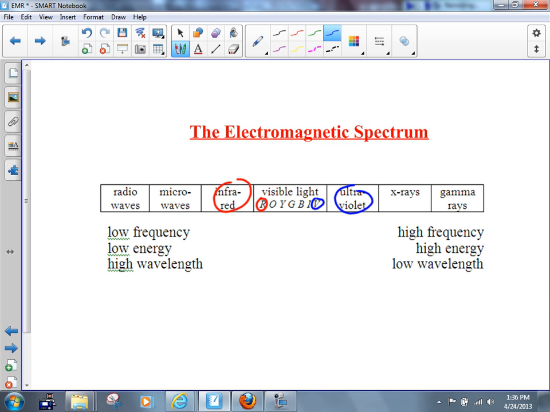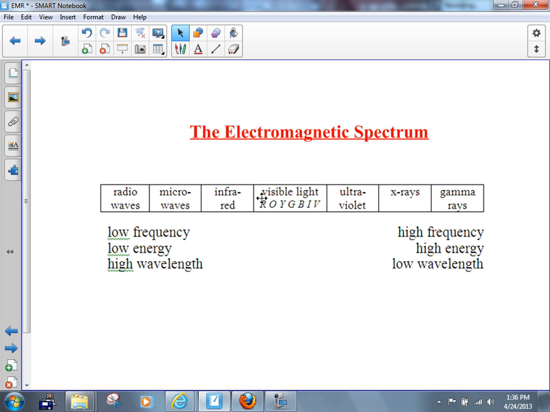We'll look at the other kinds: X-rays, gamma rays, microwaves, radio waves. X-rays and gamma rays sound a lot more dangerous than microwaves and radio waves do, so let's put them on the far side, the right-hand side. Radio waves and microwaves sound a lot less serious than gamma rays and X-rays, so let's put them on the left-hand side, down on the infrared side.